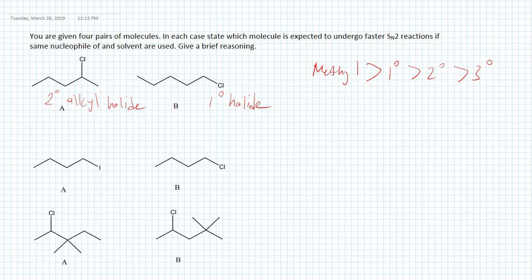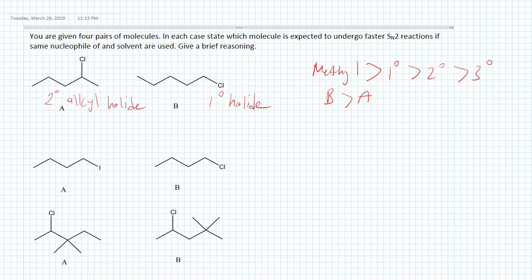For that reason, B is expected to react faster than A. B is a primary alkyl chloride and A is a secondary alkyl chloride. We have the same leaving group, the same nucleophile and the same solvent. The only effect will be the substrate, and here the secondary alkyl halide is bulkier, and that's the reason why it reacts slower.